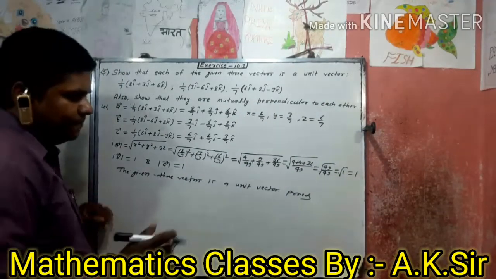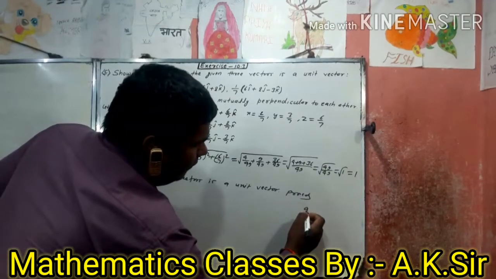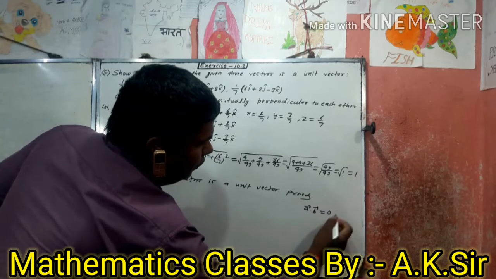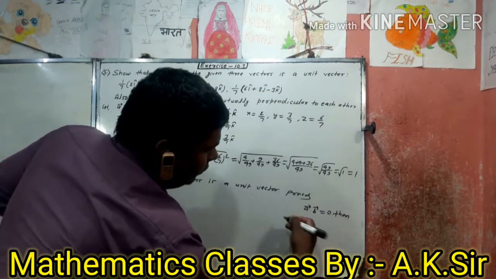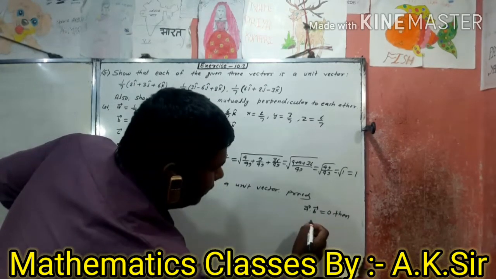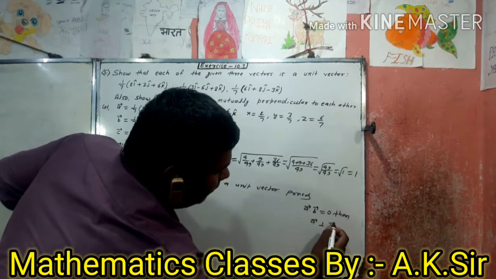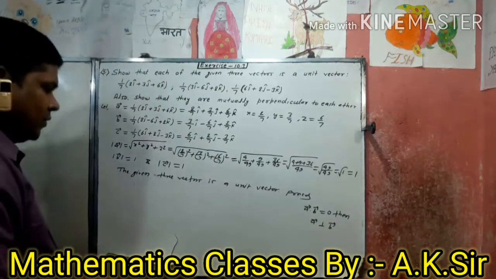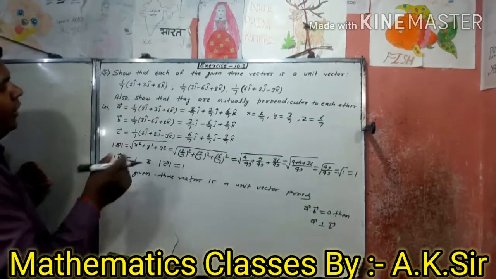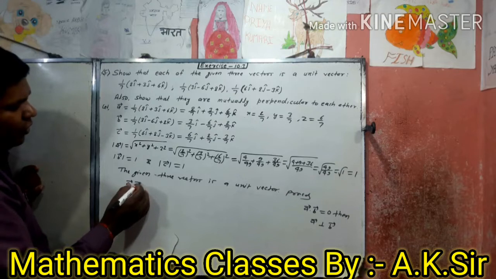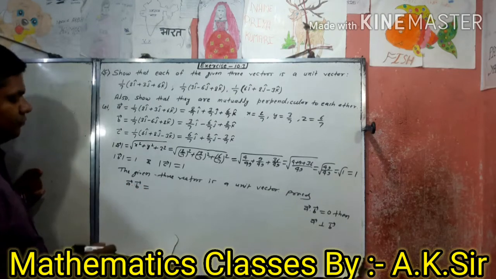We know that if A vector dot B vector is equal to 0, then we say that A vector is perpendicular to B vector. So here we find A vector dot B vector.